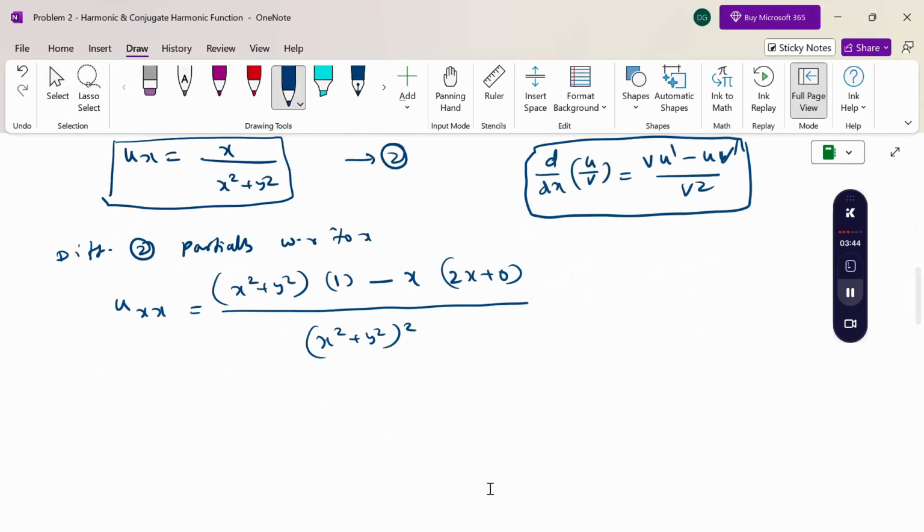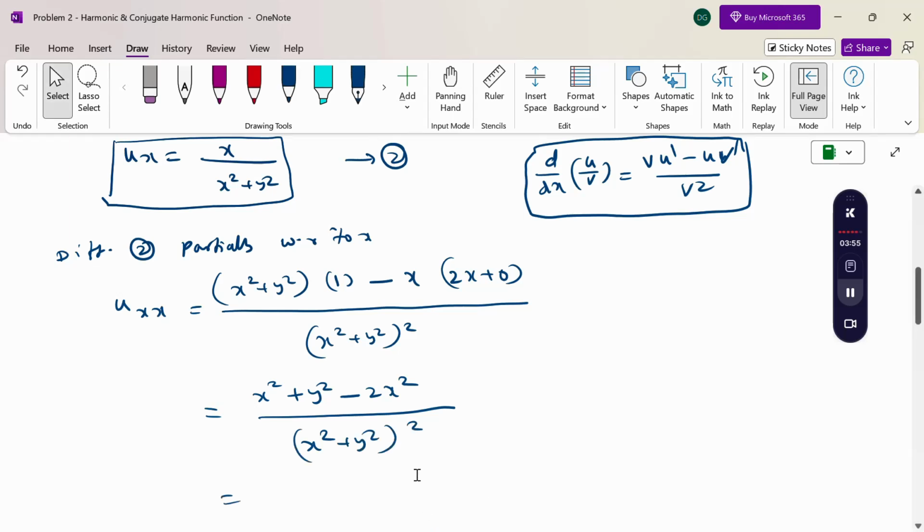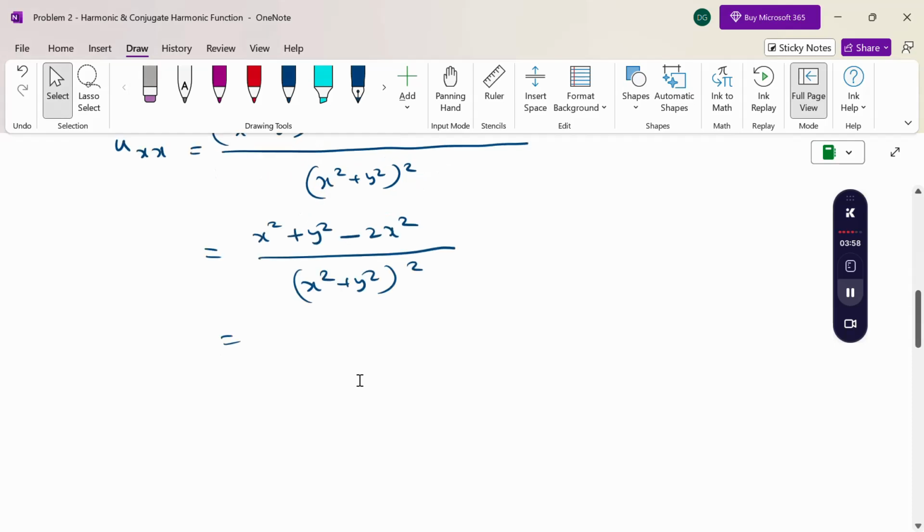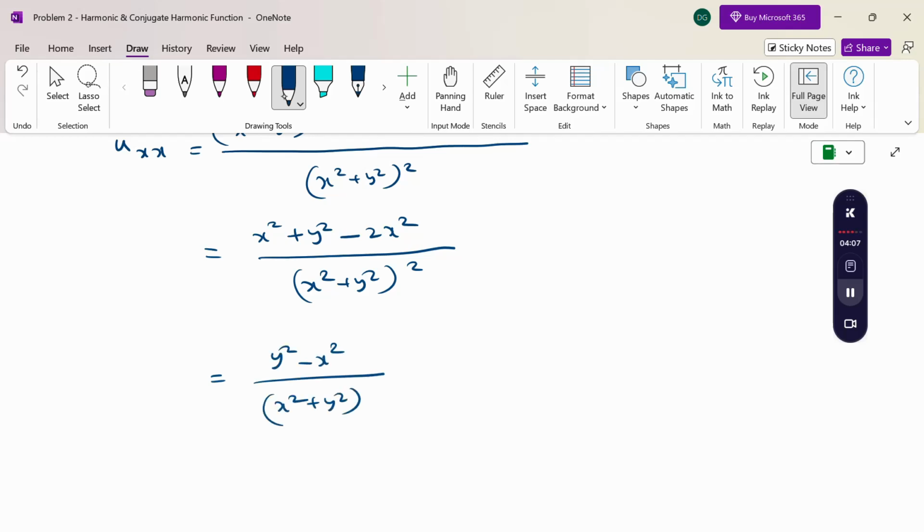And now x square plus y square minus 2x square divided by x square plus y square whole square. From this simplification, x square minus 2x square is nothing but minus x square, so uxx equals y square minus x square divided by x square plus y square whole square. Now consider this as equation number 3.